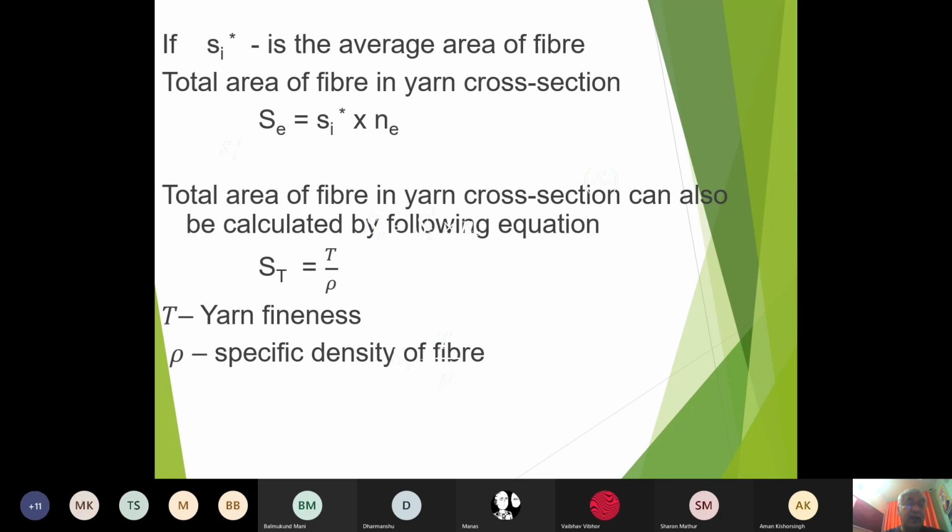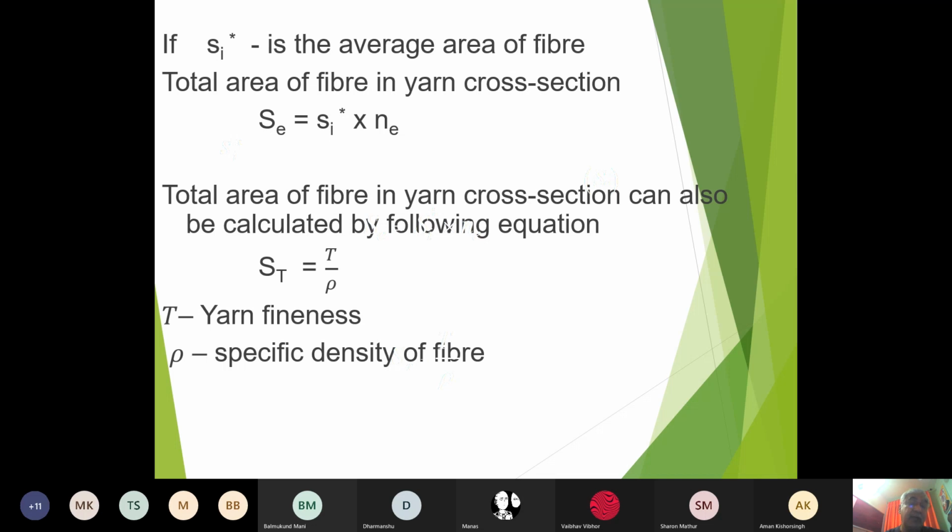From our earlier lecture, we also found another relationship: the total area of fiber in the yarn cross section can also be calculated as T over rho, the theoretical area of the fiber, where T is the yarn fineness and rho is the specific density of the fiber.